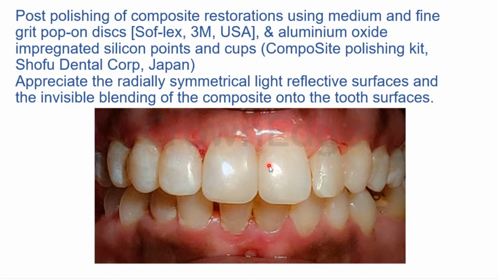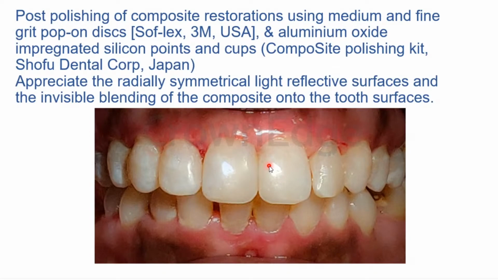It does cause deterioration of the restoration in the long term, but there's more to it. See, one of the main things that happens when you over etch is that it can create insufficient penetration of bonding agent.